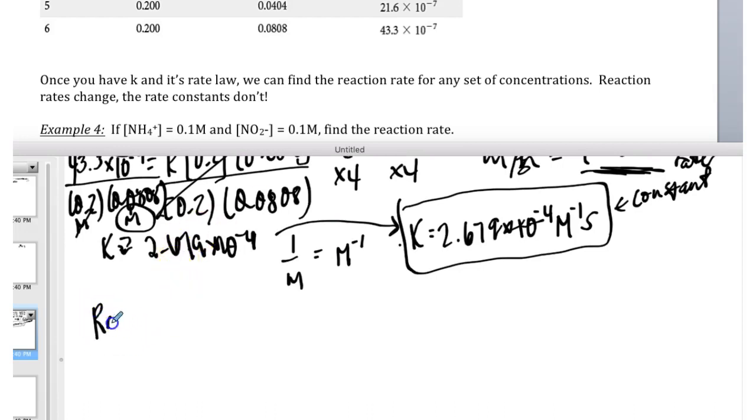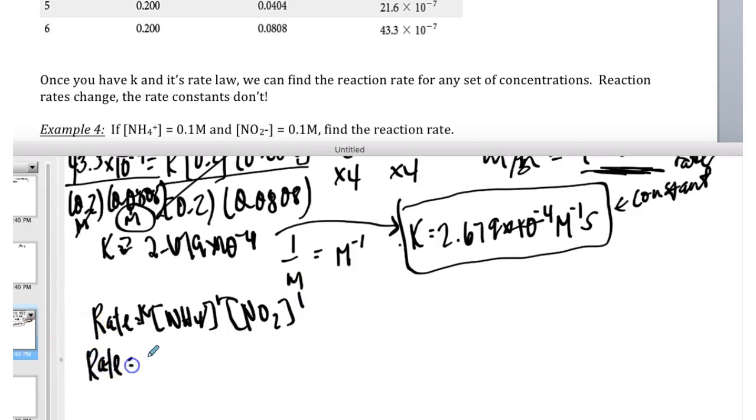So rate is equal to K, forgot my K here, times the concentration of NH4 to the first power times the concentration of NO2 to the first power. So now I could find the rate. Rate is equal to K, which is that big number that we just found.